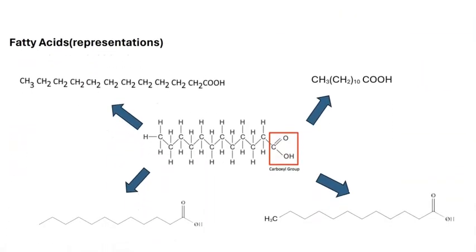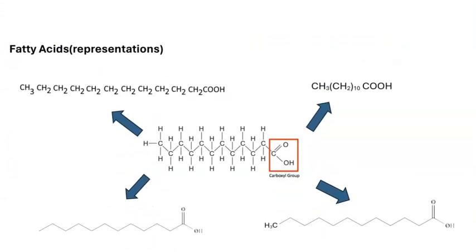These complex diagrams of fatty acid chains are often represented in alternative methods. Here you can see that each of these groups here, so this is CH3, which is on the end there, that's a methyl group there, and then we have the CH2, CH2, and so forth.